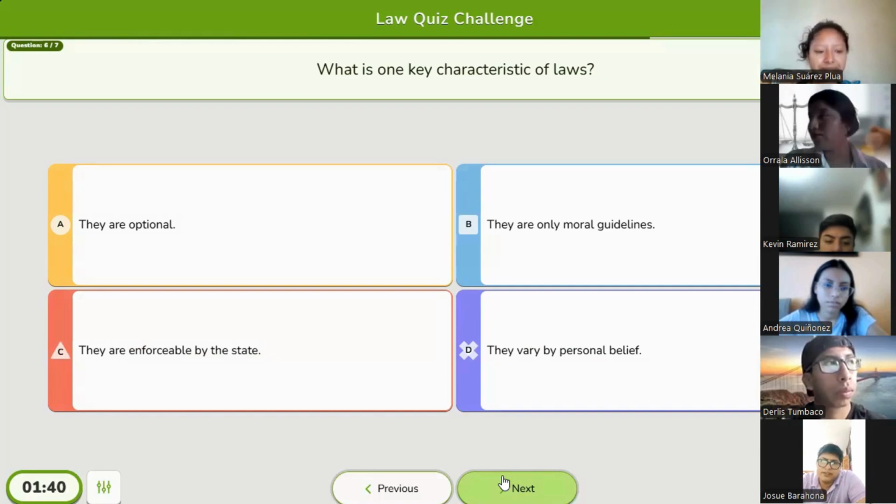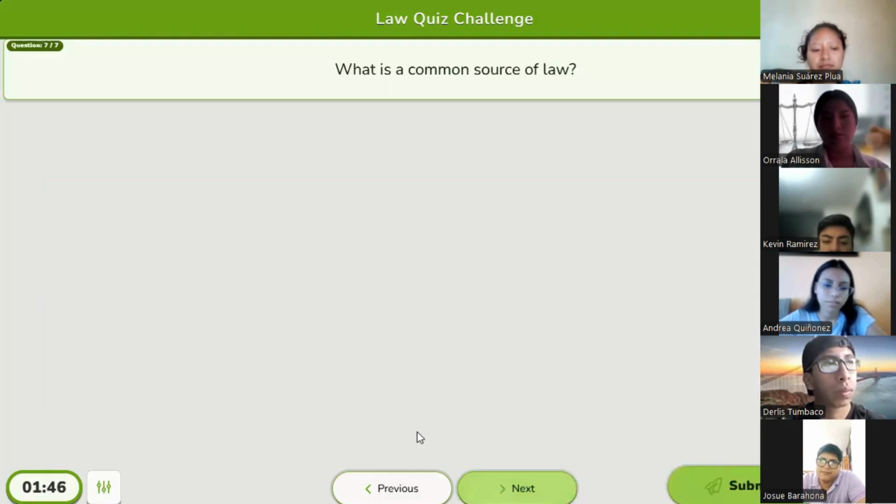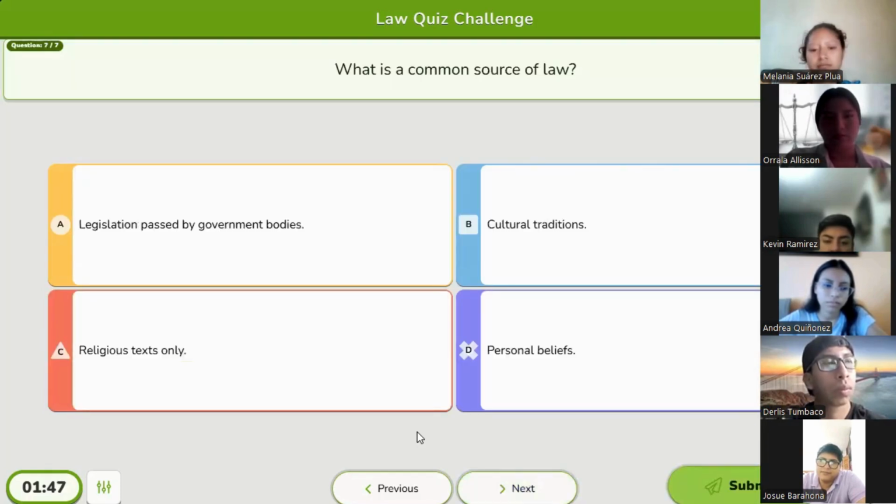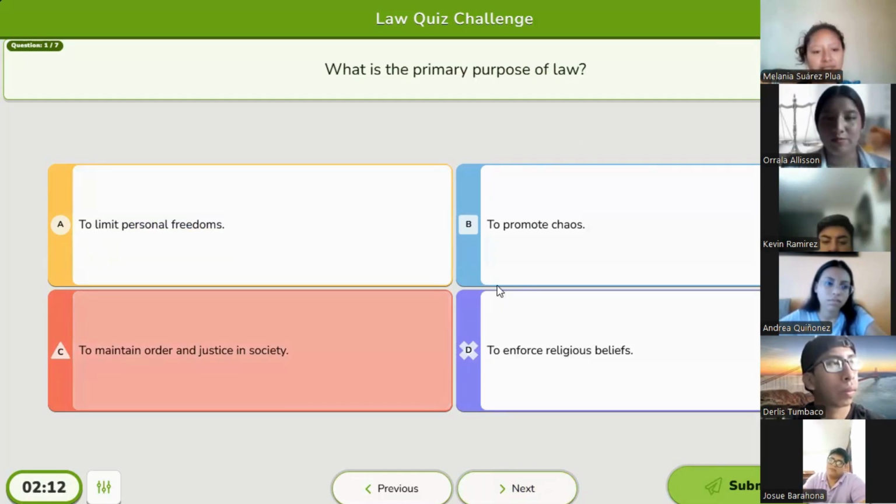Letter C. What is a common source of law? A, B, C, or D? Letter A. What is the answer? Letter C.